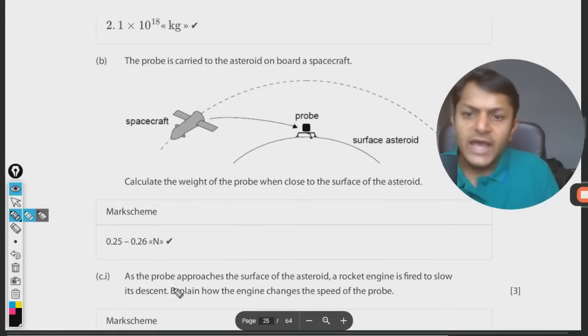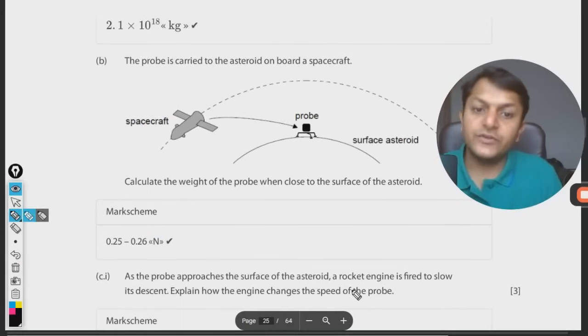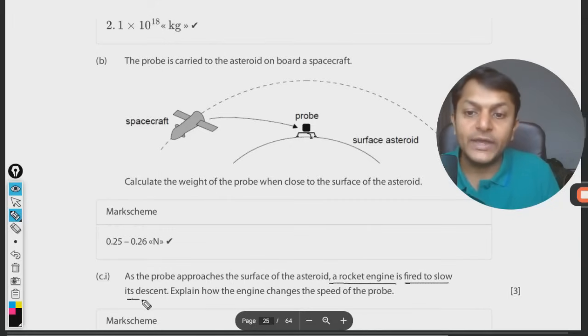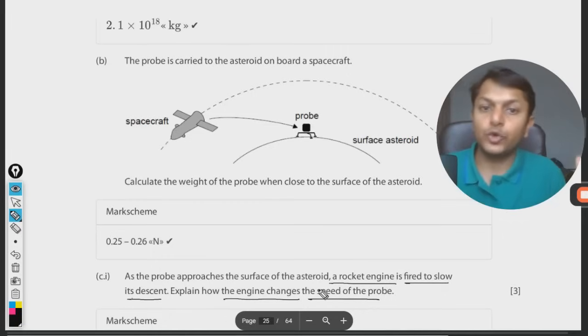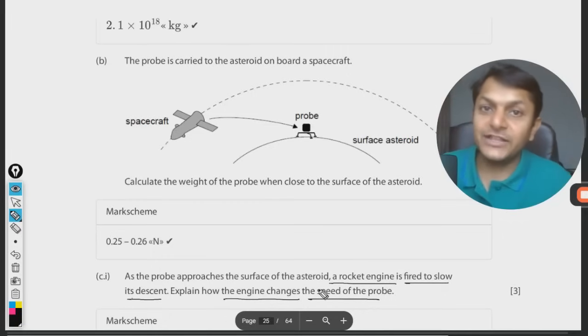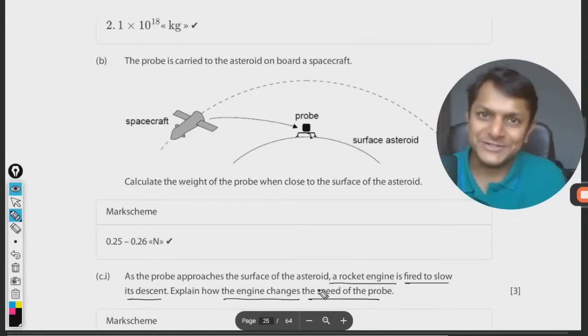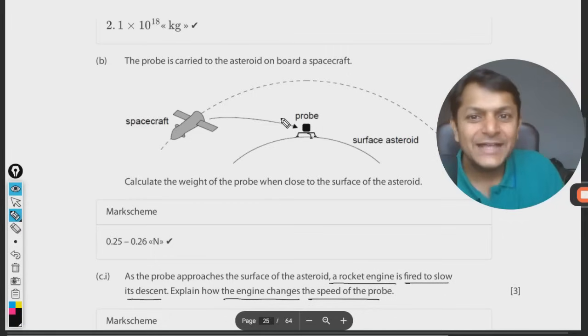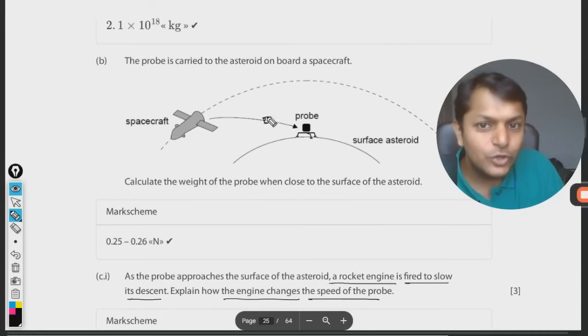So C1, as the probe approaches the surface of the asteroid, a rocket engine is fired to slow its descent. Explain how the engine changes the speed of the probe. Now, we have to think like Elon Musk's company, SpaceX. So, this is the probe now. When the probe is trying to slow itself down, how is it doing that?